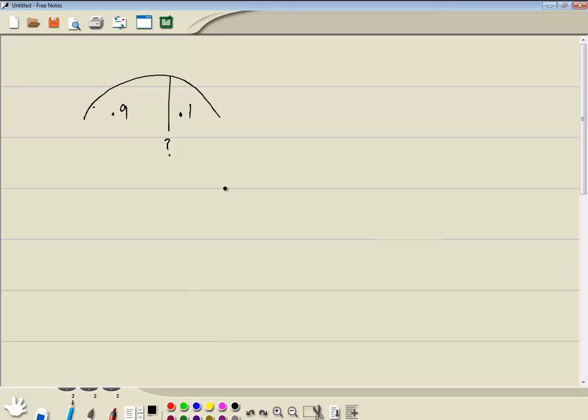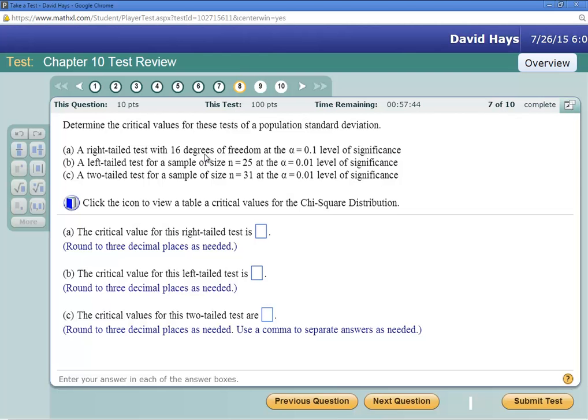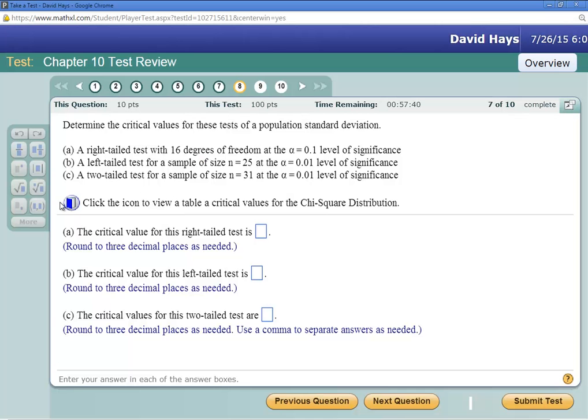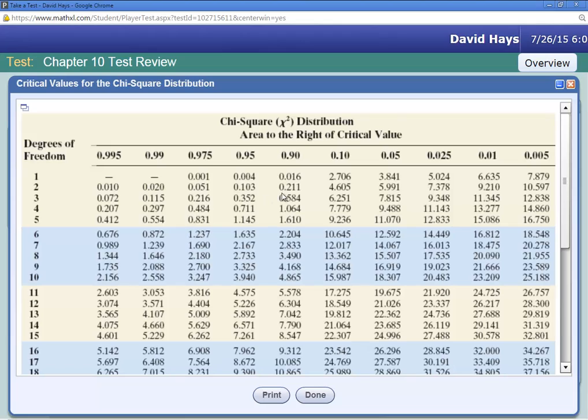And when you're using the chi-square table, it's always based upon the area to the right. So the area to the right of this value is 0.1. So we're looking up area to the right is 0.1. And the degree of freedom will be 16. They're telling us directly. So 0.1 right here. 16 is 23.542.